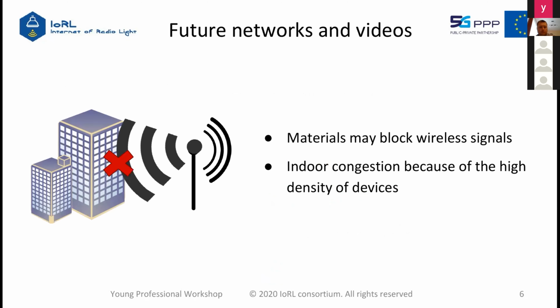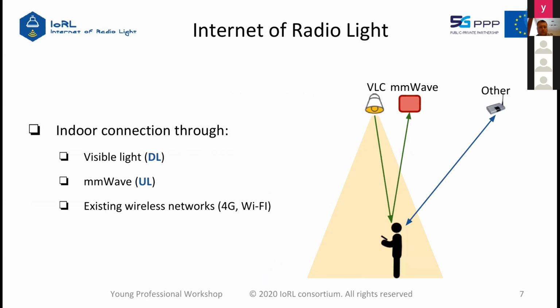The previous speakers have already presented the challenges of IoRL. So from the point of view of video delivery, we can consider a very simplified view of the IoRL architecture. Meaning that we have several network connections between the user and the system.